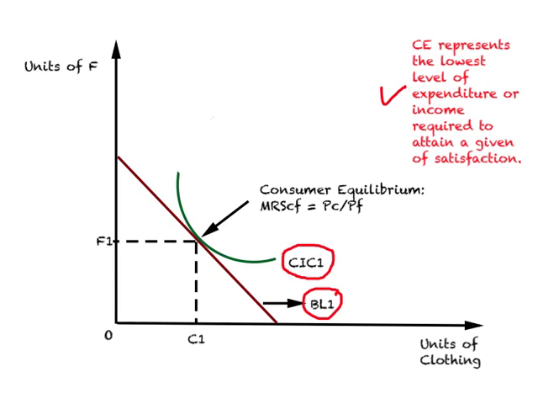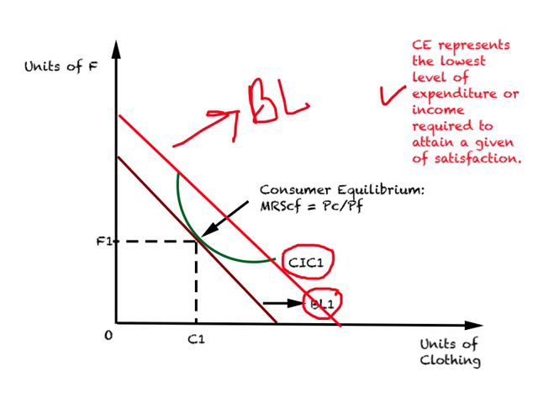Now consider the following. Suppose there is another budget line, let's call this BL2. With BL2, we can again hit the same level of satisfaction implied by CIC1.